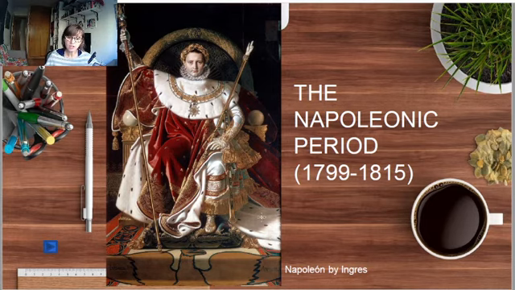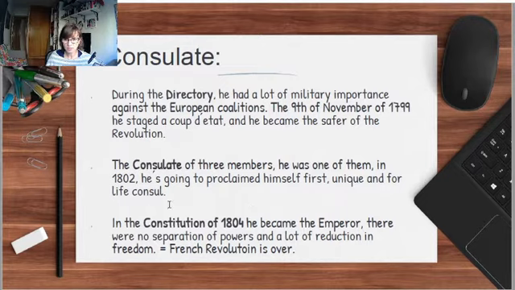So in this era, during the Directory, Napoleon is going to gain more and more power fighting against the European coalitions. On the 9th of November of 1799, he's going to stage a coup d'etat and become the savior of the revolution.